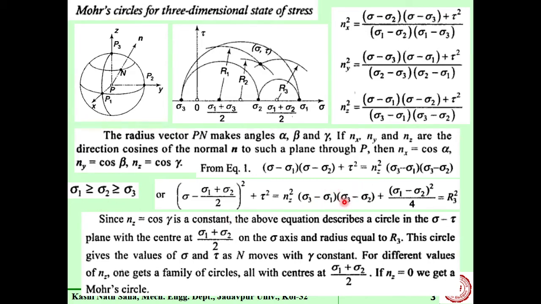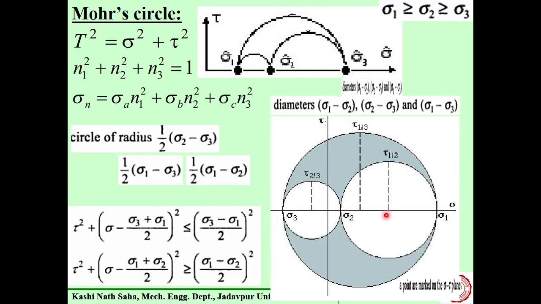Both are negative quantities, so this whole thing is a positive quantity, which we are adding to this, which is also a positive quantity. So what will happen to this radius now? R3 is something greater than the previous one. So that is what we have mentioned here. In this circle we cannot come inside. Is it clear now why we cannot come inside? It is only possible if we go outside.